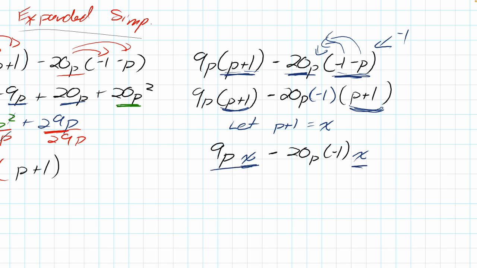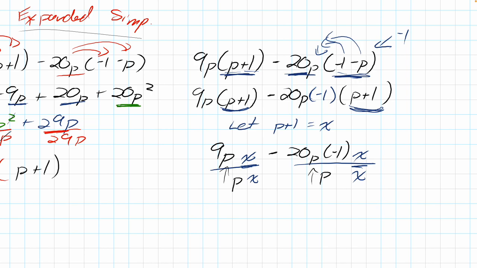So right off the bat, we can divide by x. Can we divide by anything else? See any other terms that appear in both? P. I can take a p out of both of these. I think that's about it, right? Everything else looks like it's going to stay. 9 and 20 I don't have a common factor for.